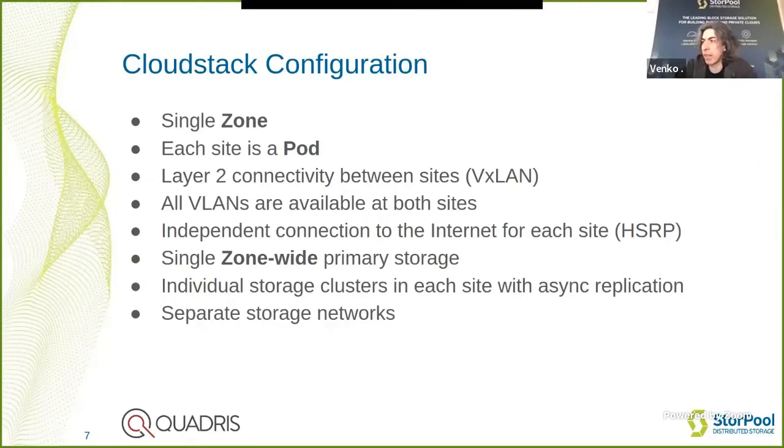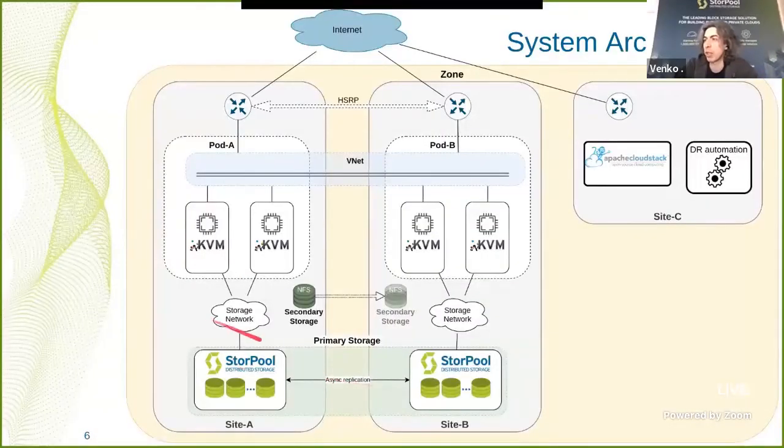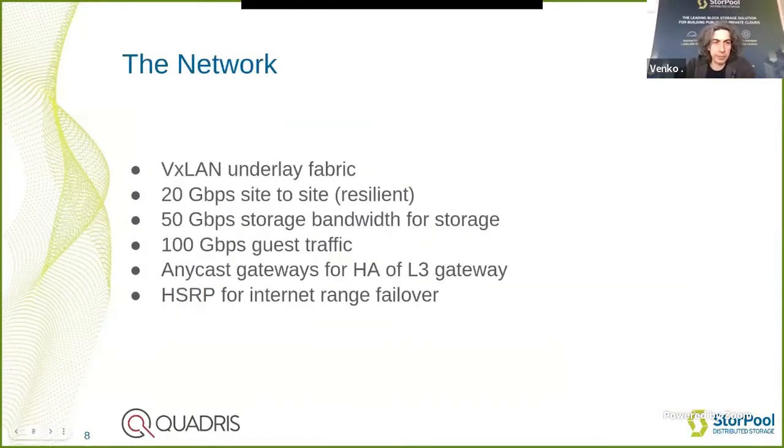We have asynchronous replication between the storage clusters, and we have a separate storage network at each site. So if something goes wrong with the storage network, it will not affect the other site, and you can switch to it without affecting the services. Maybe Peter can tell more about the network implementation, the details there.